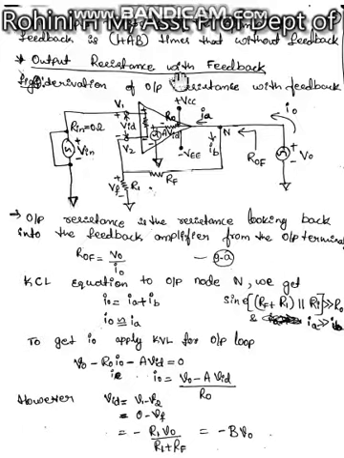This is the circuit to derive the output resistance. ROF is given as the output resistance with feedback. F stands for feedback. It can be written as the output voltage V out divided by I naught.